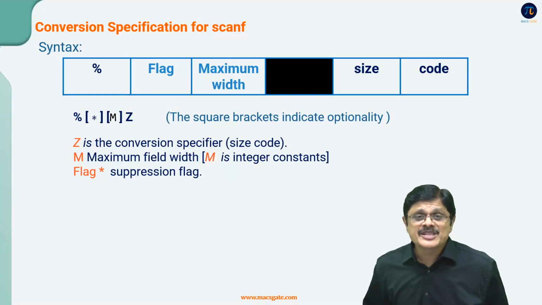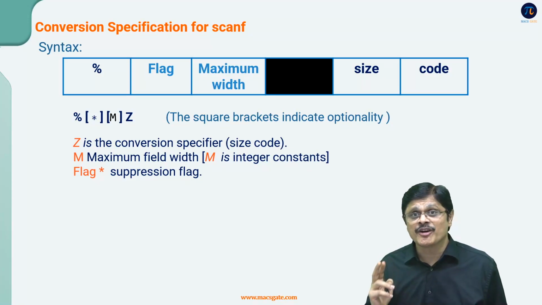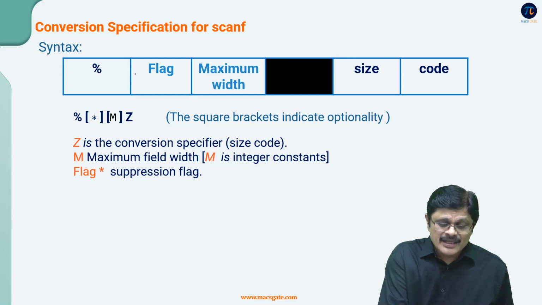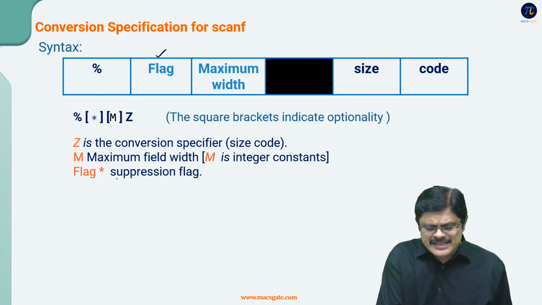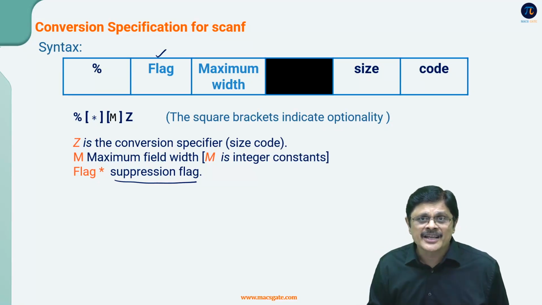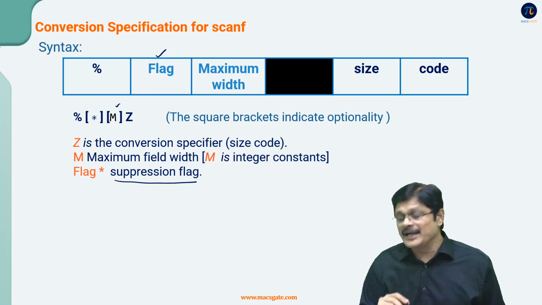The conversion specification for scanf can also have optional fields similar to that of conversion specification of printf. The optional fields for conversion specification of scanf are the flag field, which is actually called the suppression flag, denoted by star. We'll understand with an example. Then the maximum field width.